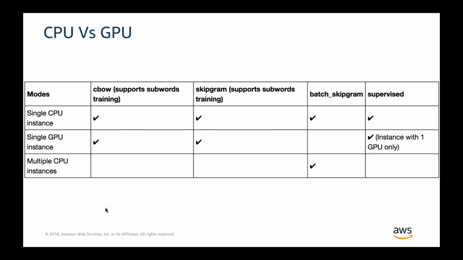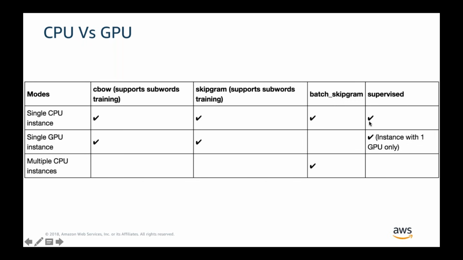Also, the most important part of BlazingText is that it's been customized and optimized for AWS to be able to run on the hardware and use GPUs. And here are the options. You can run on a single CPU instance for both CBOW, that is continuous bag of words, and skipgram. There are also more versions, batch skipgram and supervised.